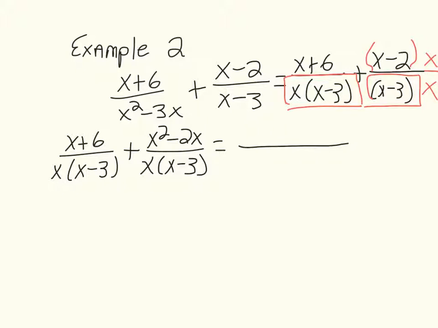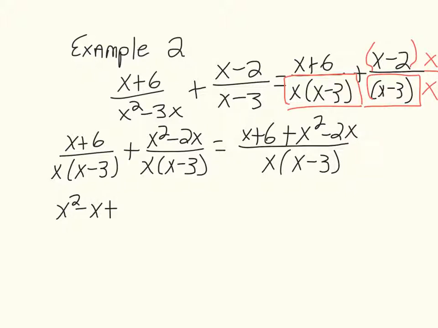So overall, I have x plus 6 plus x squared minus 2x over x times x minus 3. Simplify the numerator. That leaves us with x squared minus x plus 6 over x times x minus 3.